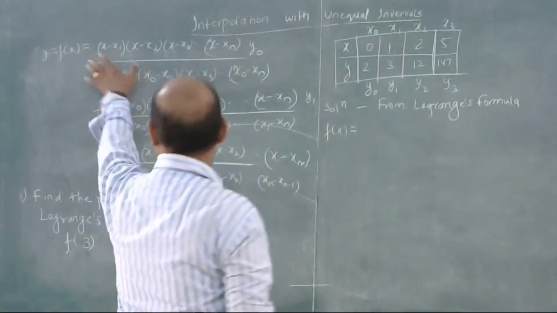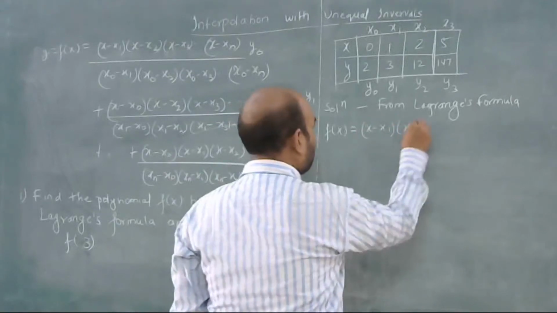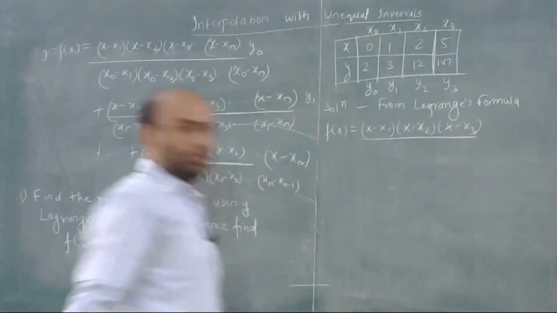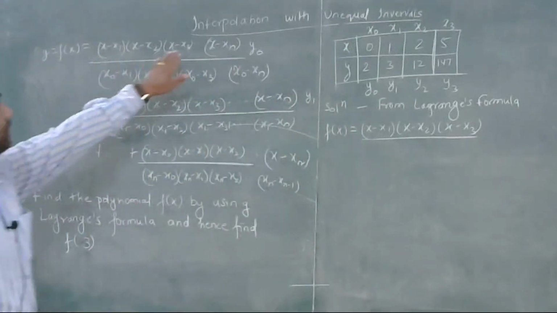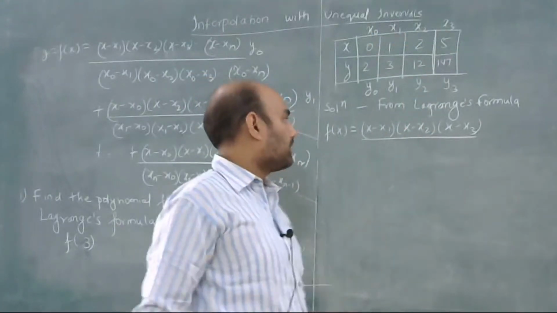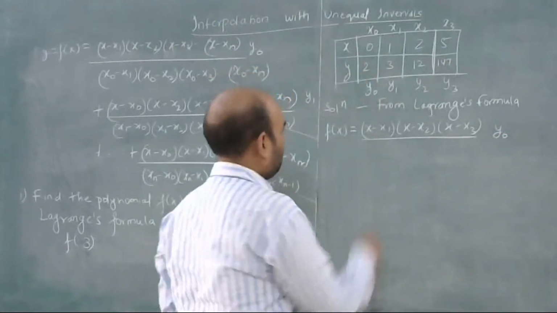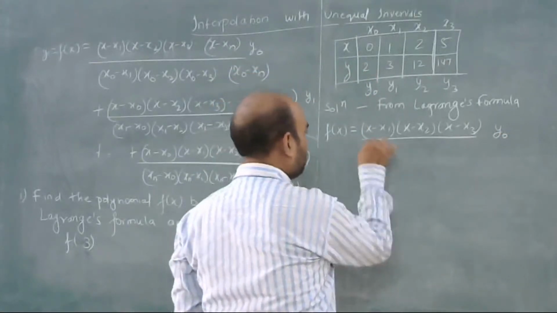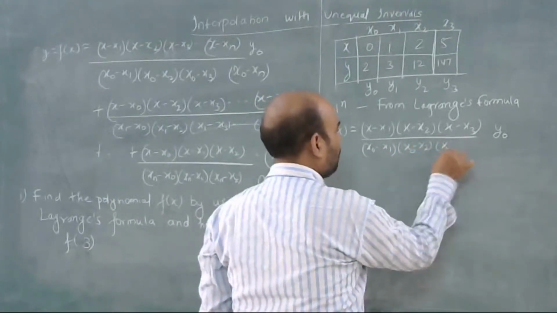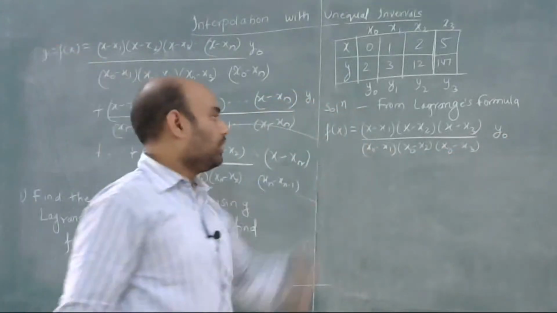So f of x will be (x − x1)(x − x2)(x − x3), starting from x1, x2, x3, into y0, divided by (x0 − x1)(x0 − x2)(x0 − x3). So this will be the first term.